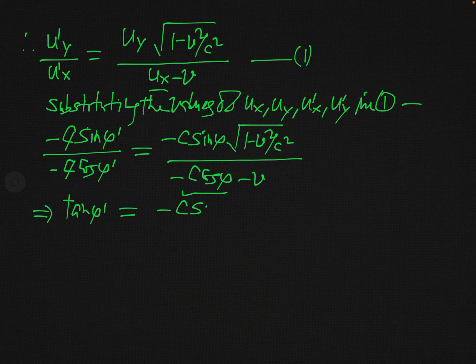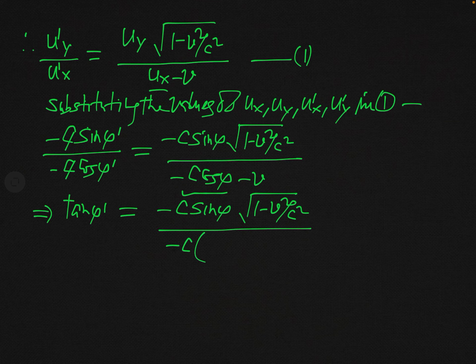So what will be this? This is minus c sin phi into root over 1 minus v square by c square, and when we will actually take this minus c, first of all let us take only minus c as a common factor, because then we will also get an important result.